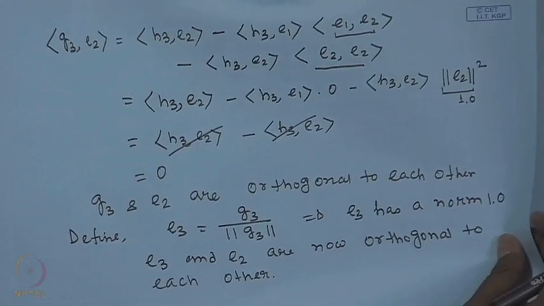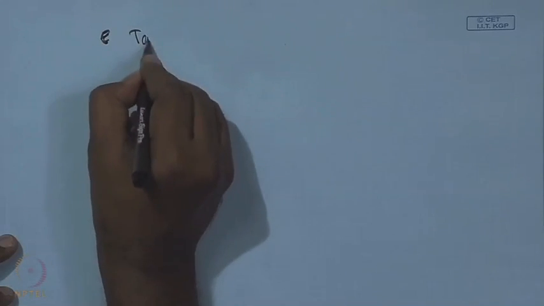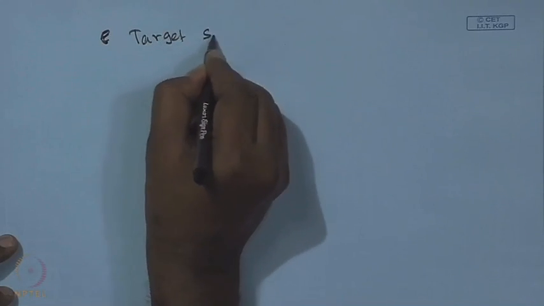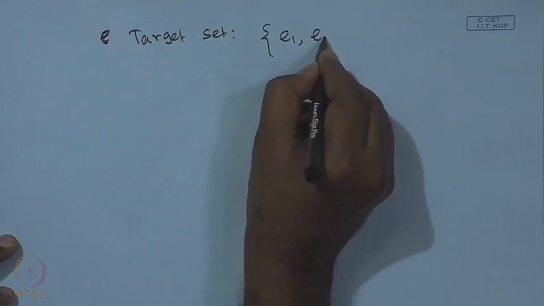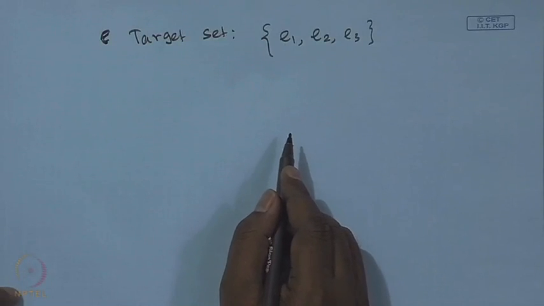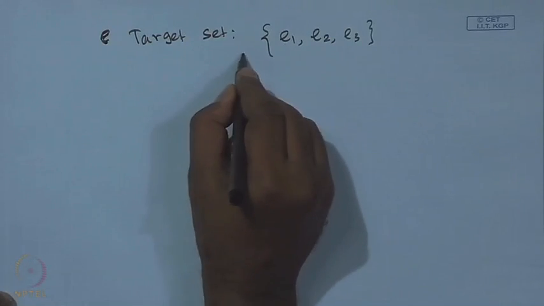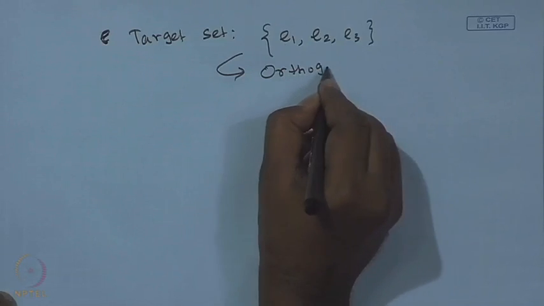So, now we can say that we obtain the target set E1, E2, E3 from H1, H2 and H3, and this set is basically an orthogonal and orthonormal set.